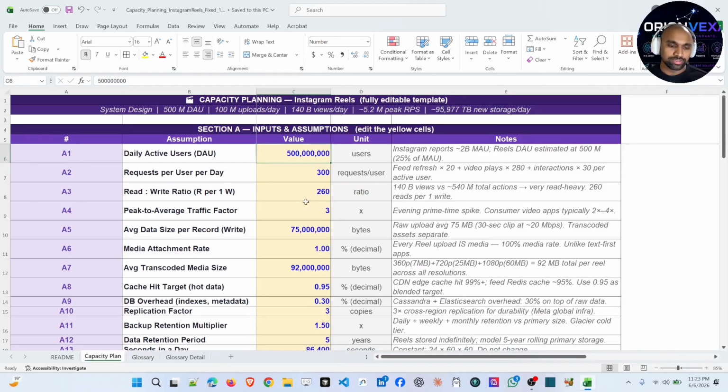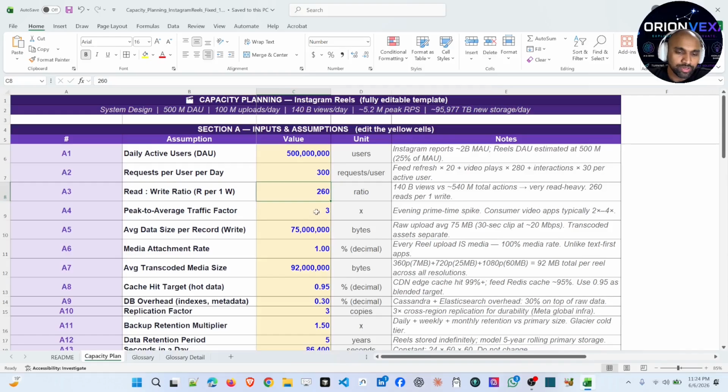Read write ratio, that is reads per one write, is 260 as per Instagram's current read write ratio. 140 billion views versus 450 million total actions. It's very read heavy, that is 260 reads per one write.